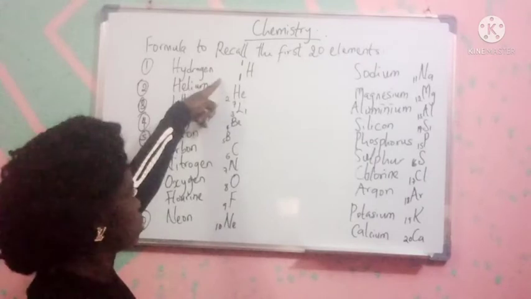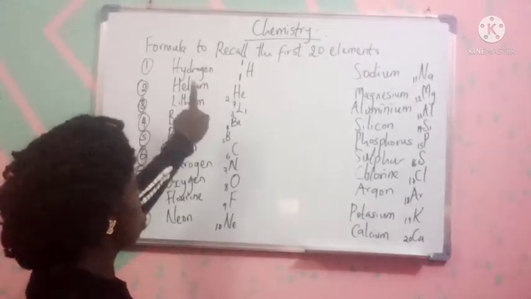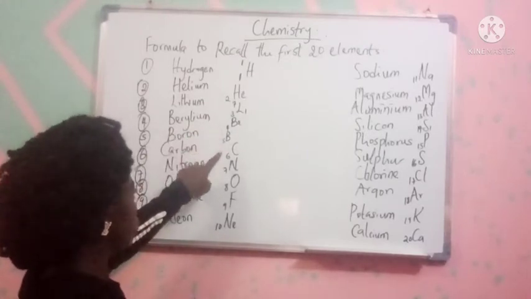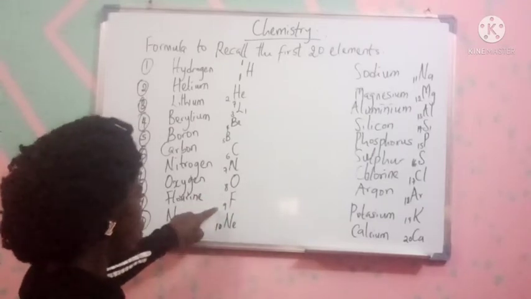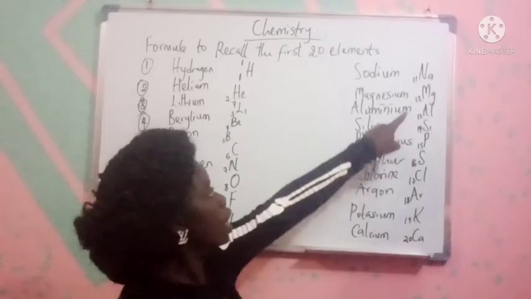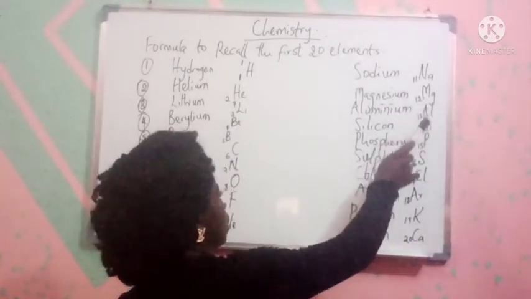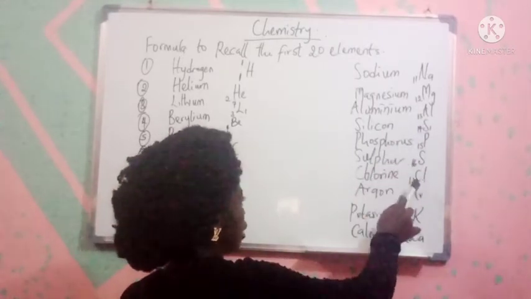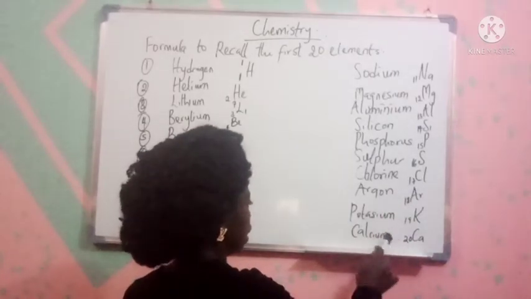So hydrogen has atomic number 1, helium 2, lithium 3, beryllium 4, boron 5, carbon 6, nitrogen 7, oxygen 8, fluorine 9, neon 10, sodium 11, magnesium 12, aluminium 13, silicon 14, phosphorus 15, sulphur 16, chlorine 17, argon 18, potassium 19, and calcium 20.